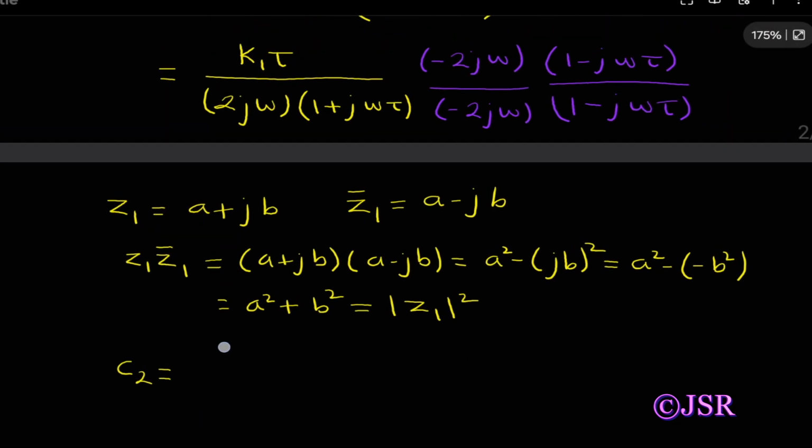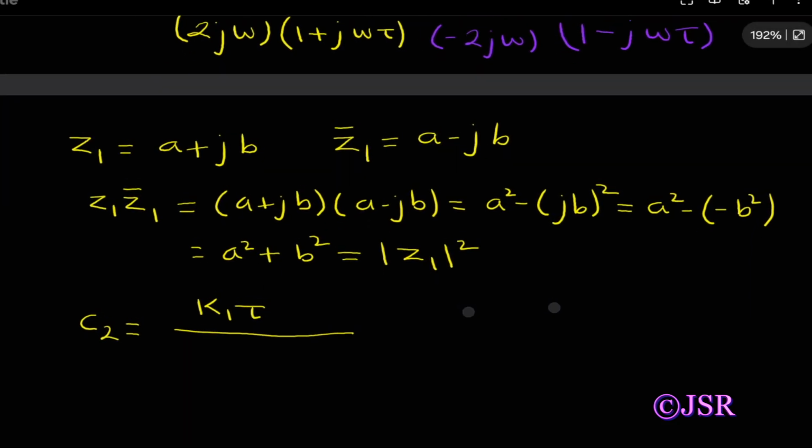So using this formula, C2 will be equal to k1 tau upon, for 2j omega into minus 2j omega, we get a square plus b square, where a is 0, so 0 square plus (2 omega) square.